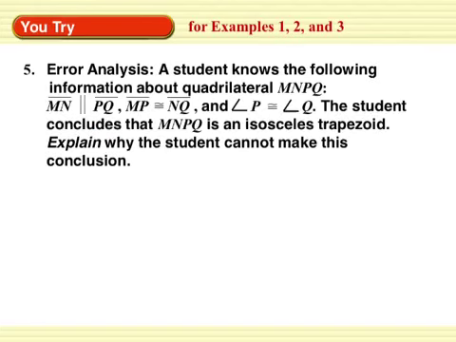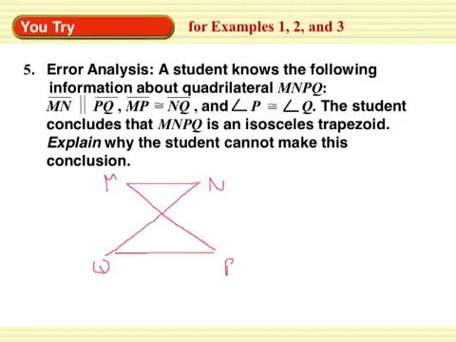Okay, error analysis. A student knows the following information about quadrilateral MNPQ. MN is parallel to PQ. MP is congruent to NQ, and angle P is congruent to angle Q. So I've drawn it very misleadingly, so that it actually looks like an isosceles trapezoid.